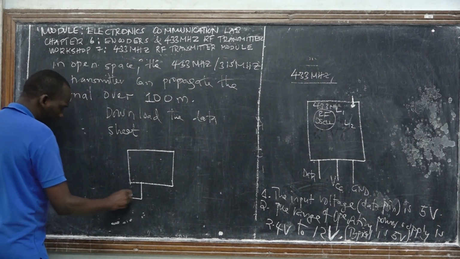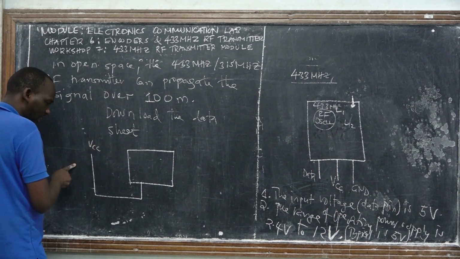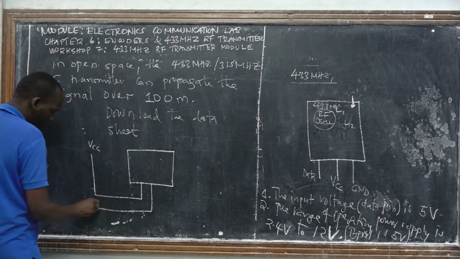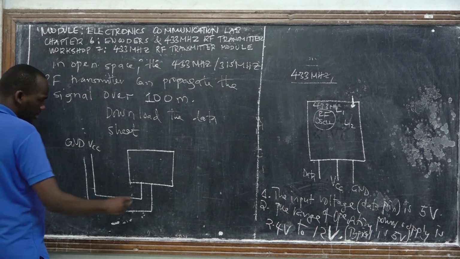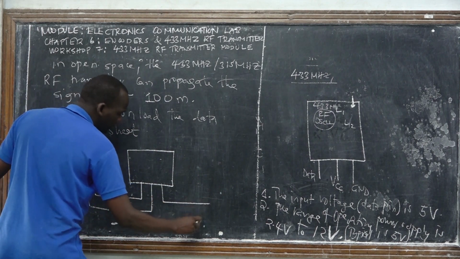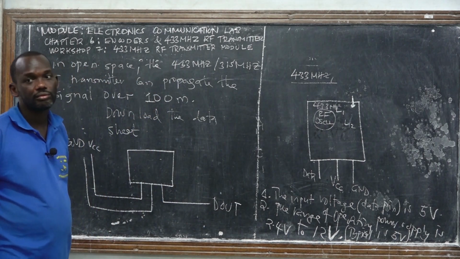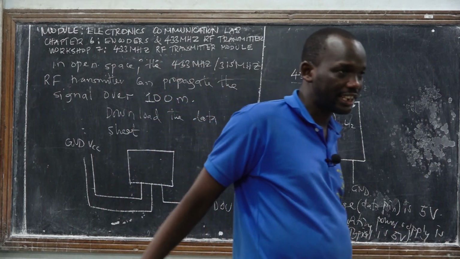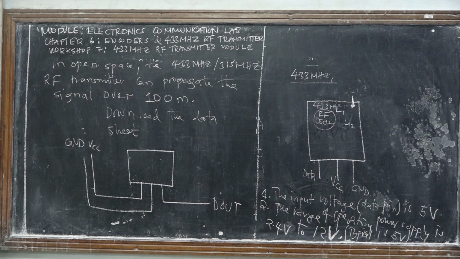So this one, you have to connect to power, let's say VCC, which is 5 volts, if you do remember. Then the other pin, you have to connect to the common ground, right? And then this pin you have to connect to D out. From there, you have your overall schematic circuit diagram of your radio frequency transmitter.